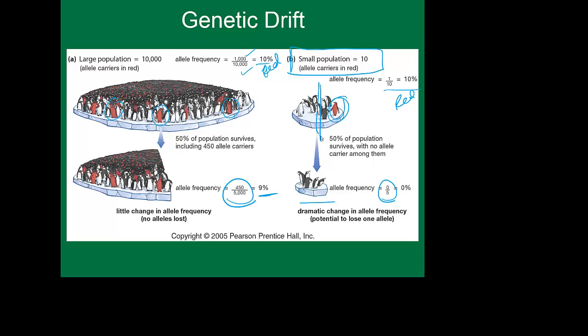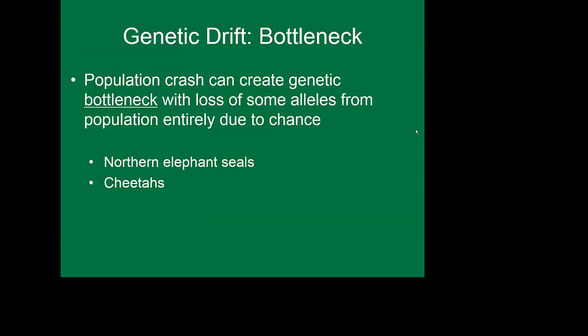What if this iceberg actually broke so that this side survived? Then 1 out of 5 would be red, and we have a 20% red population. Wow. So now we've just doubled our percentage of red, right? That can be pretty significant over the long run. Can have huge effects on a population.